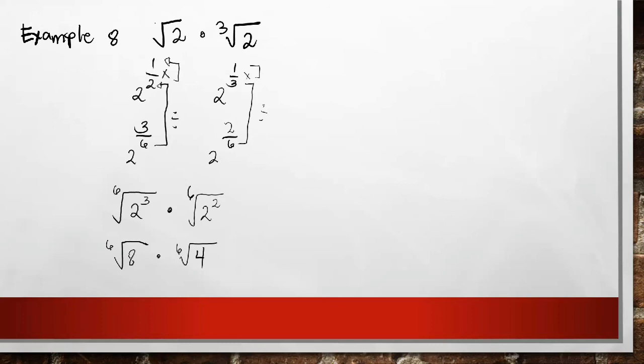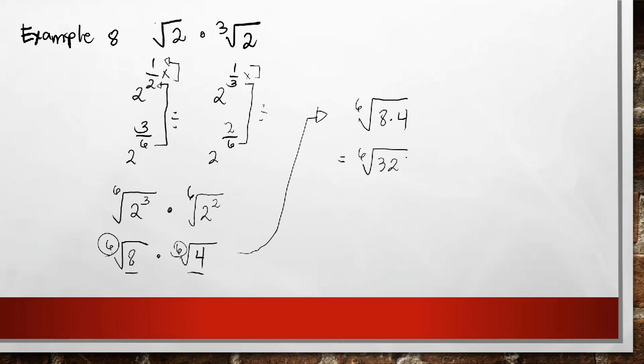Next is to simplify our radicand. So they have the same index, therefore we multiply the radicands. 8 times 4 is equal to the 6th root of 32. And there is no perfect 6th root of 32, or a factor of 32 that is a perfect 6th root.